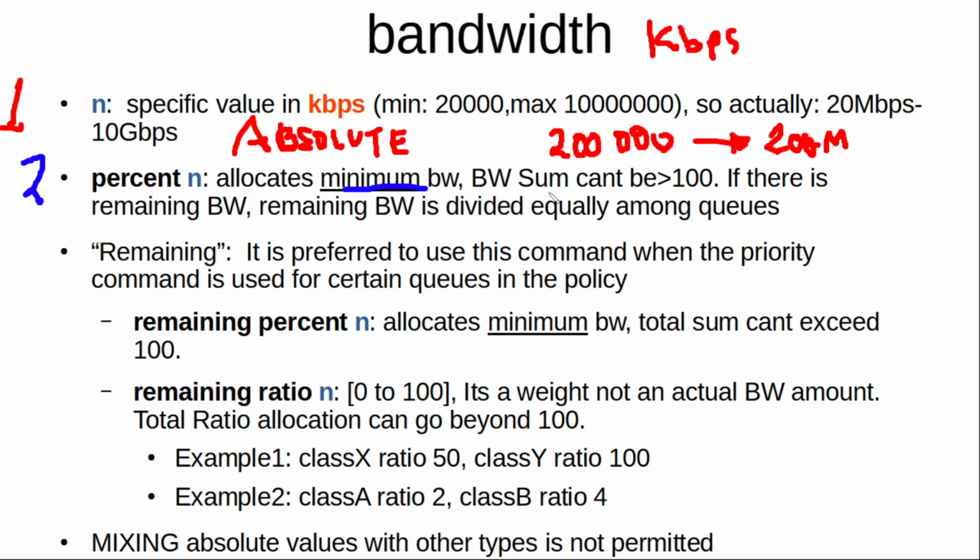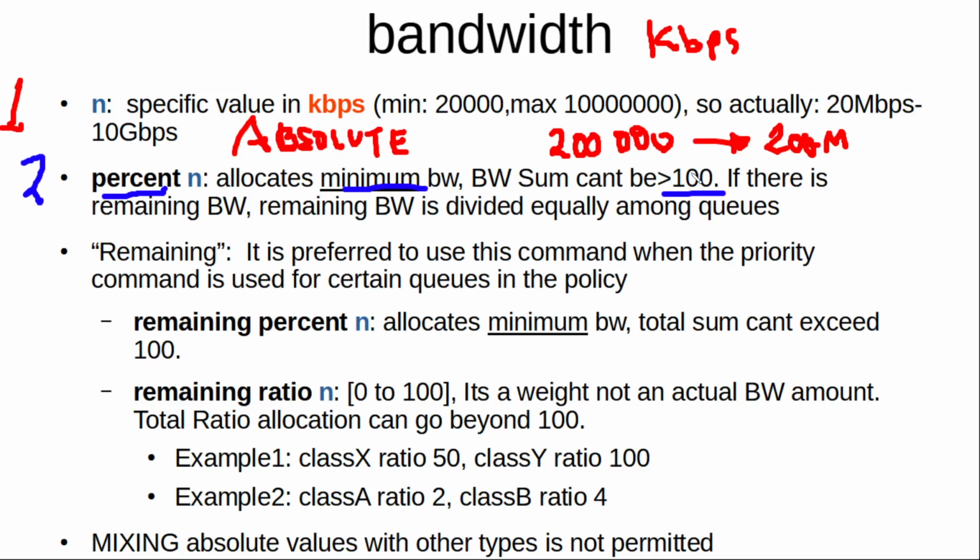The sum of all your percentages that you are going to apply to all your classes cannot go beyond 100 because remember that we're talking about percentage. And if there is a remaining bandwidth, this remaining bandwidth is divided equally among queues. Remember that each class map gets assigned a queue, and you can have up to 8 egress queues in Catalyst 9000. Keep that in mind.